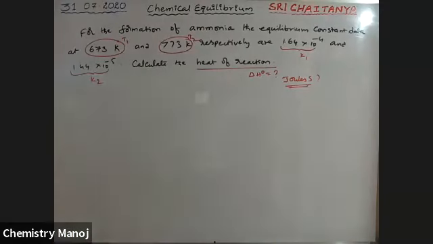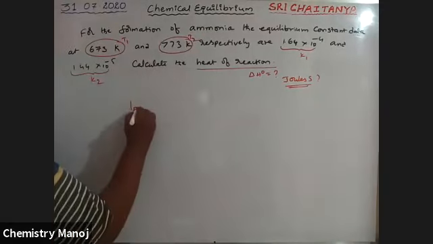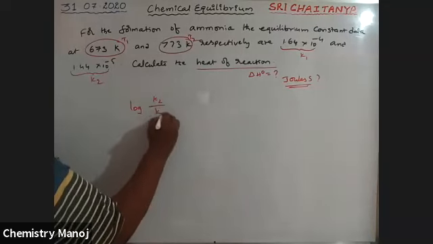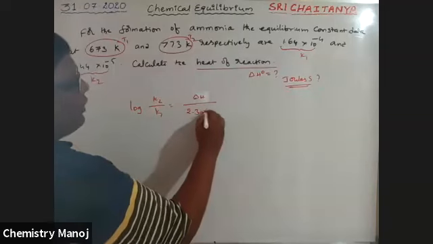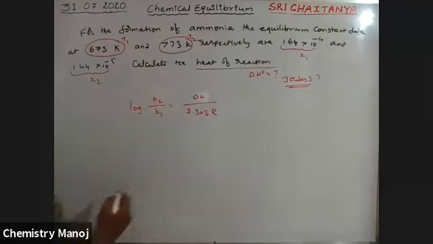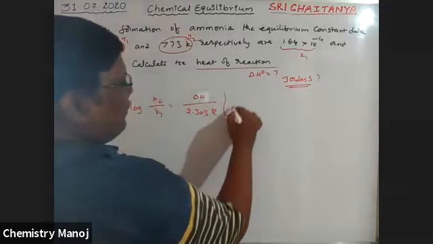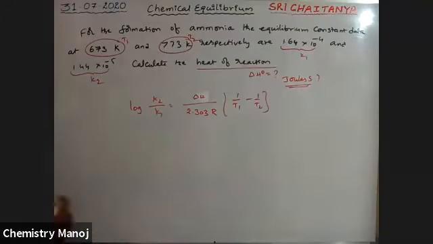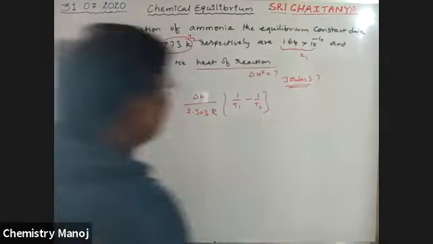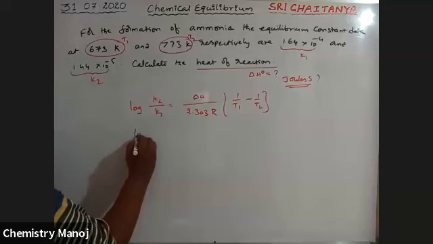Our formula is log K2 by K1 is equal to delta H by 2.303 R into 1 by T1 minus 1 by T2. So apply the values.